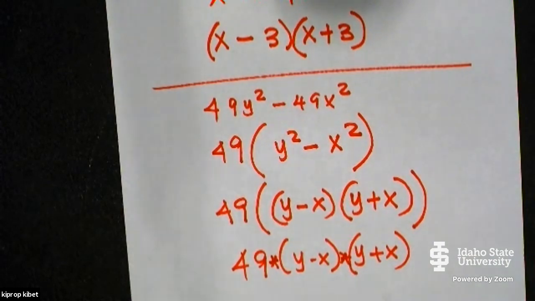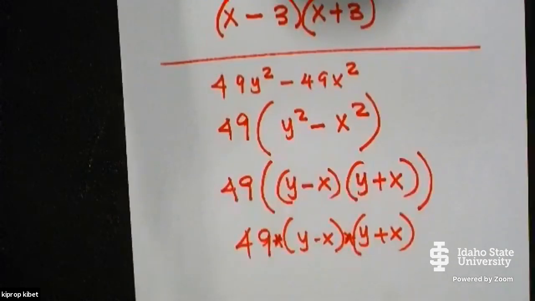So you factor out first the greatest common factor, and then you look at whether that one is a difference of squares. There is another example which I put in Moodle.